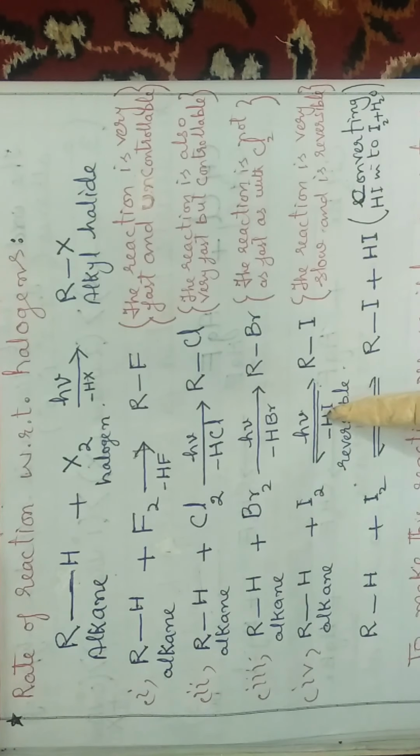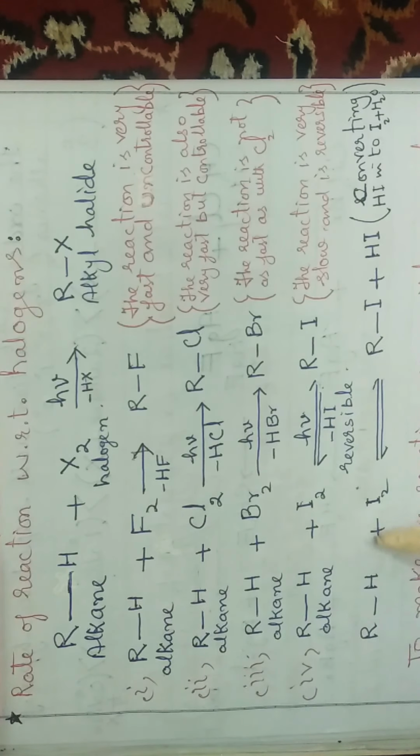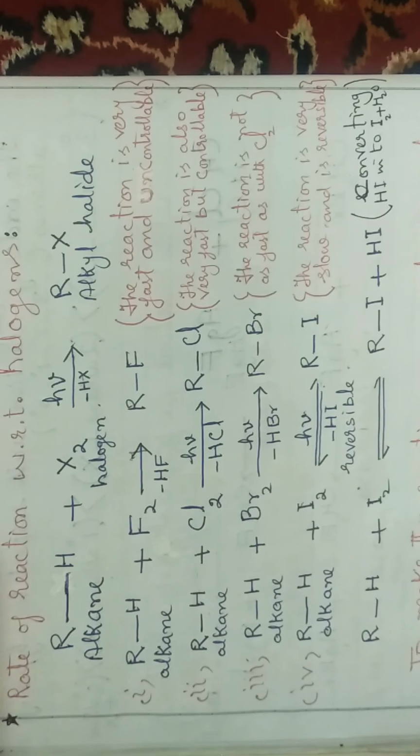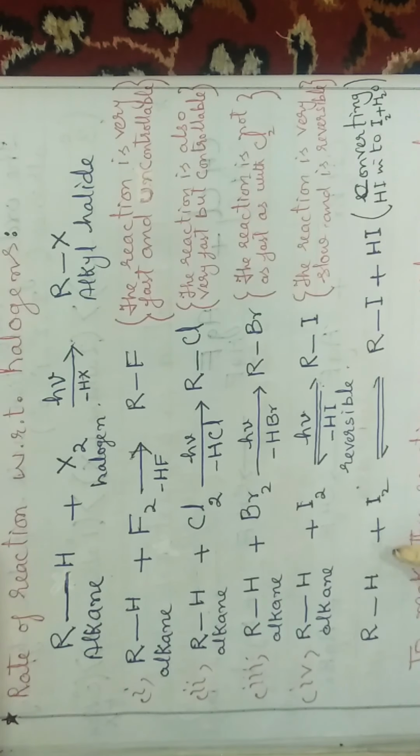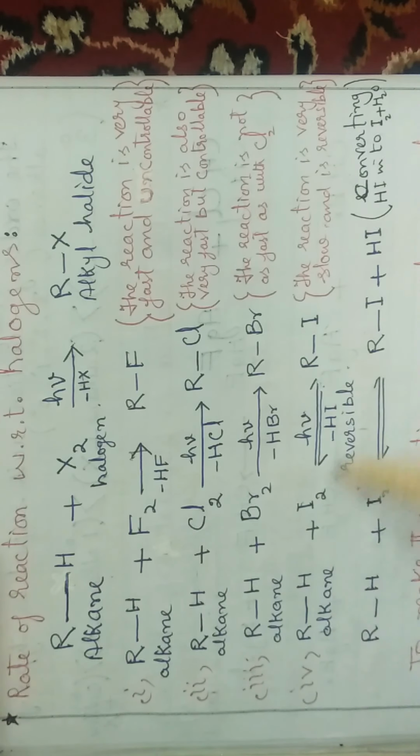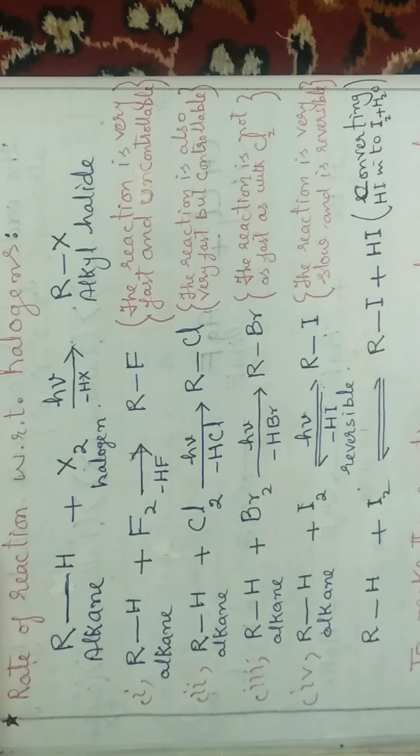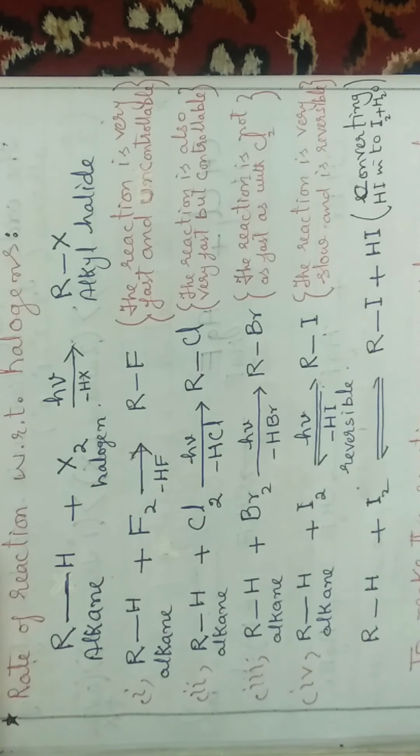So to make this reaction irreversible, hydrogen iodide is treated with iodic acid. That is, hydrogen iodide with iodic acid gives iodine and water.